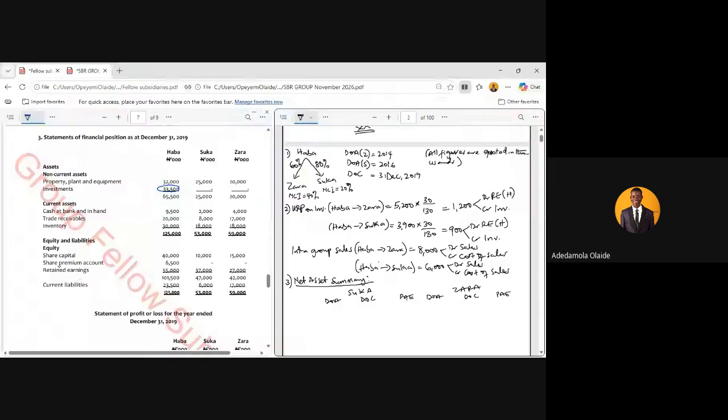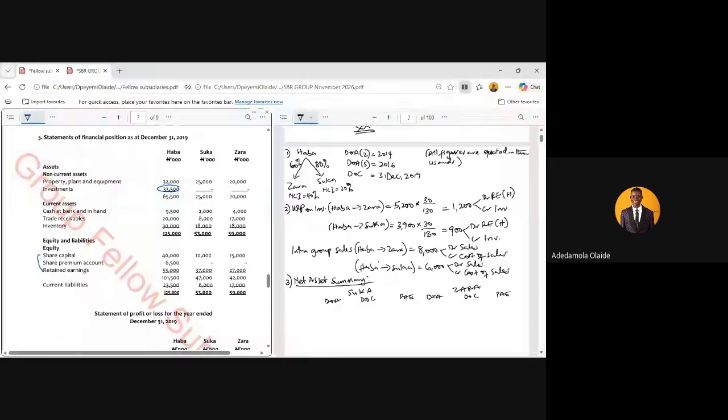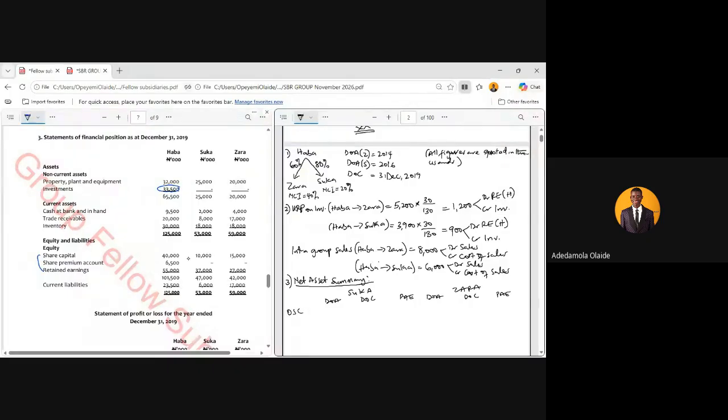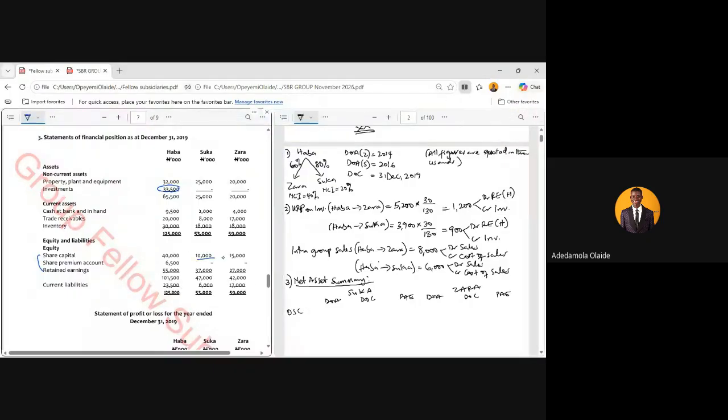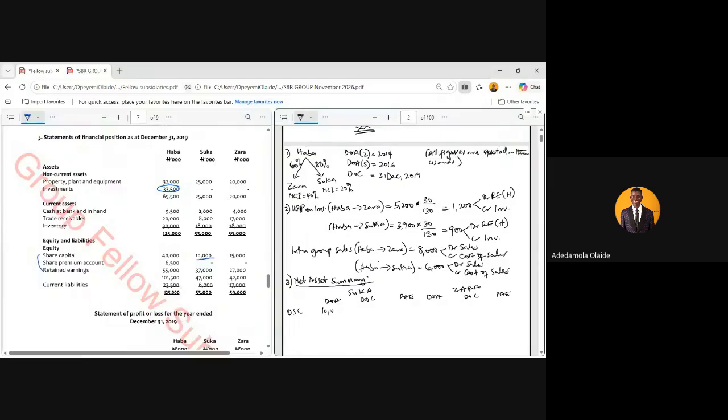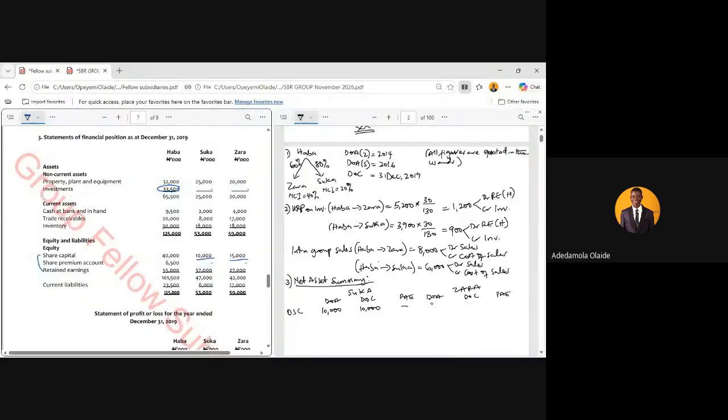So what are their equity items? As you can see, these are their equity items here. Share capital, ordinary share capital. For Suka, it is 10,000. So I'll come here and say 10,000. They did not tell us their share capital has changed. So what it is at the date of acquisition, still what it is at the date of consolidation. We leave it at that. PAE will be nil. For Zara, theirs is 15,000.